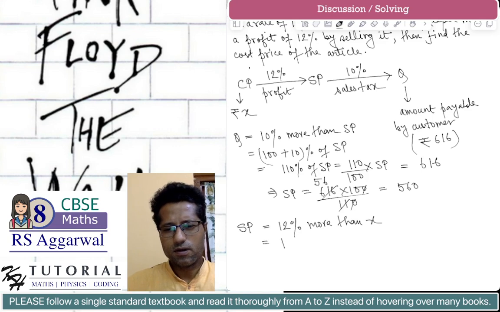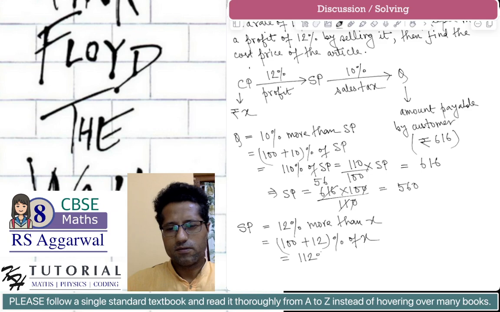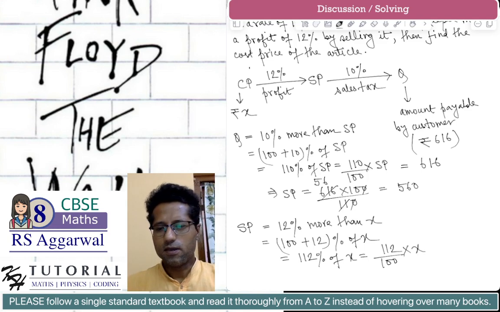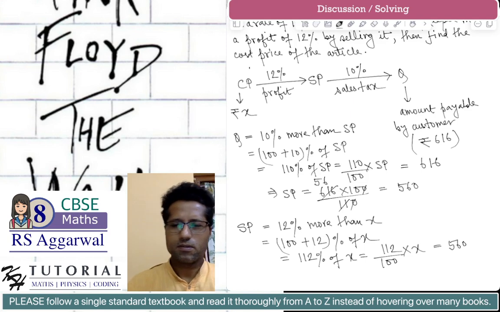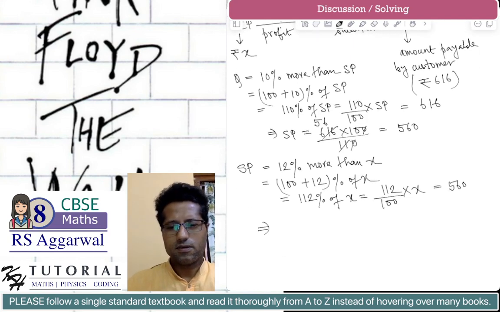This is equal to 100 plus 12% of X, which is 112% of X. This is equal to 112 divided by 100 multiplied by X. This should be equal to the selling price we have already calculated, 560. So this implies X is equal to 560 multiplied by 100 divided by 112.